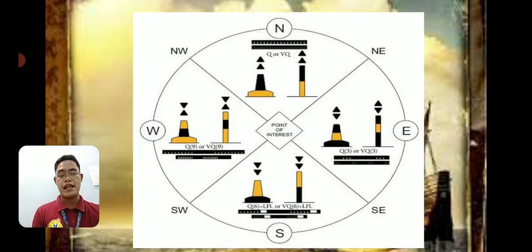As you can see, north, west, south, east. The cones of the north point two cones upwards, while the west points inward towards each other, the south downwards, and the east two cones far away from each other. This will be discussed later on.